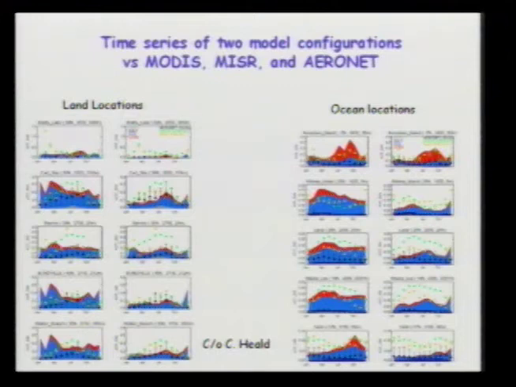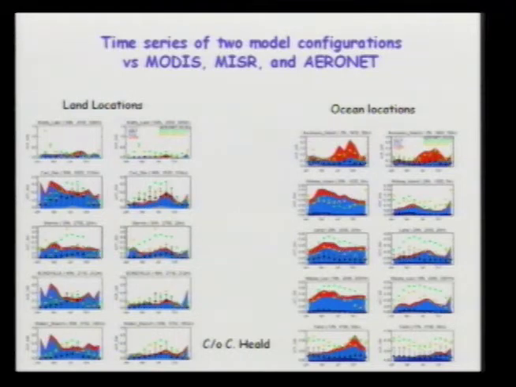And what these panels show are time series for two model configurations, comparing the results of a set of model runs, and the different kinds of aerosols are indicated here in colors, to a set of measurements from these three entirely independent measurement programs: AERONET, which is a surface-based site, and two products that come from the satellite community, MODIS and MISR.